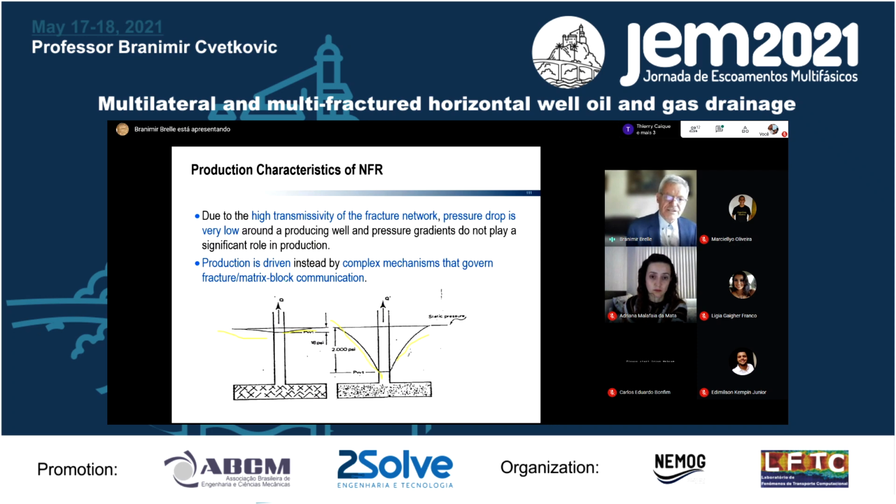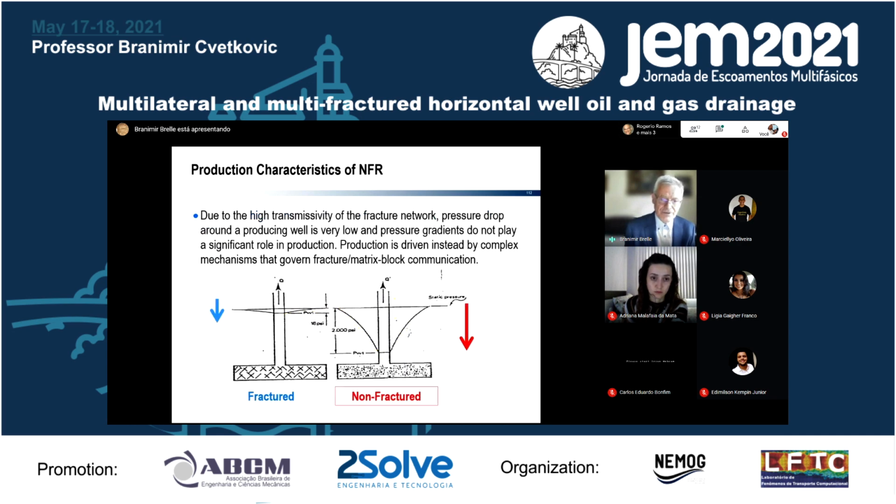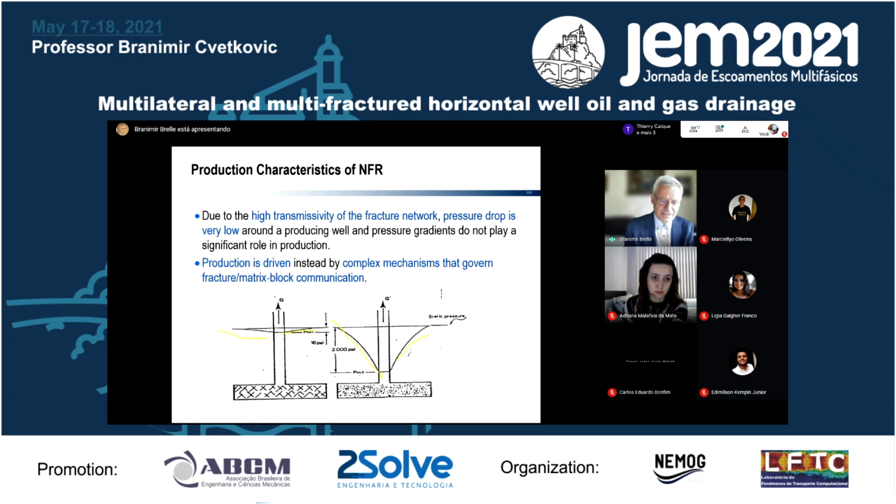So production is driven instead by complex mechanisms that govern fracture-matrix flow communication. Here you have a drive mechanism, but here it is hidden by this fracture-matrix network. So the question for you is, which one is the fractured reservoir?